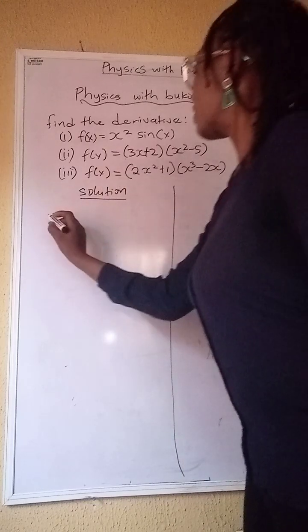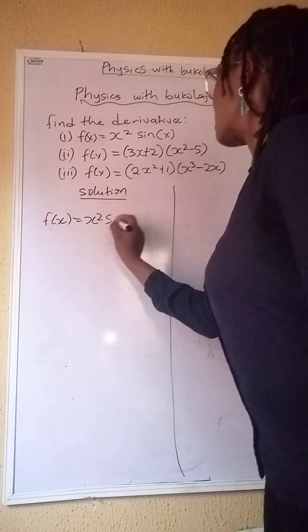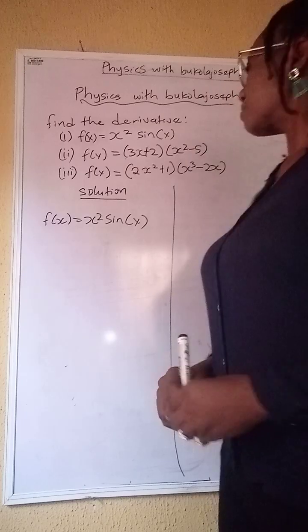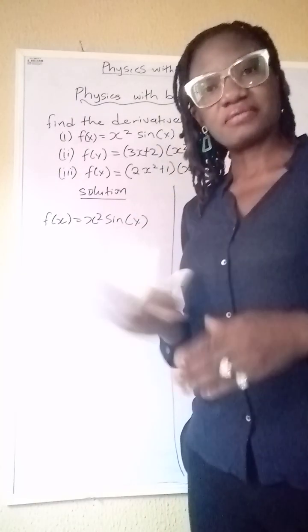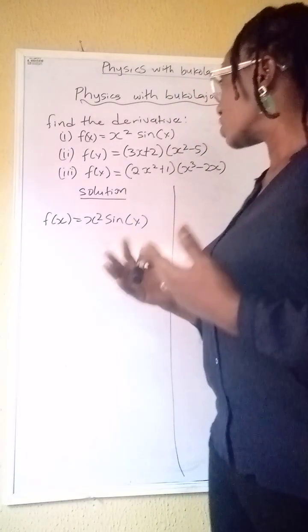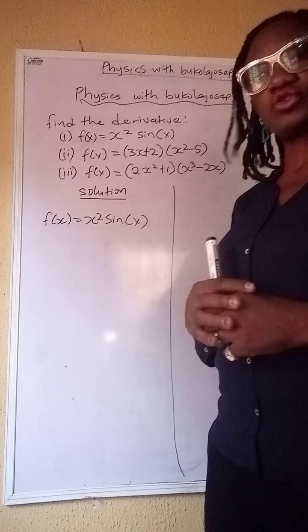So given f of x is equal to x squared sine x. Now let me quickly do a brief introduction on this kind of question. If you have a function of a product, this is what you should do.